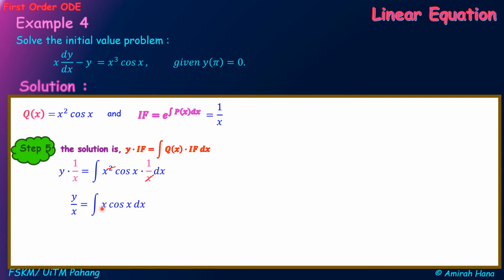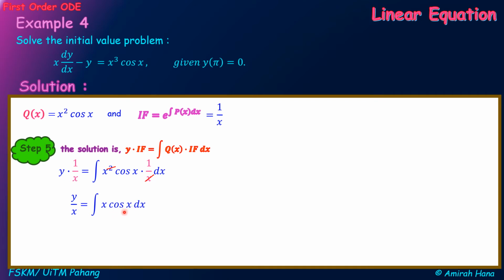And to integrate x cos x dx, the suitable method is integration by parts, right? When we integrate using integration by parts, we have two methods: either using tabular integral or using the integration by parts formula.